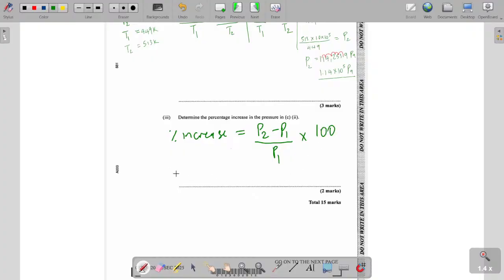Since P2 was 1.14 times 10 to the fifth, minus 1.0 times 10 to the fifth, all divided by 1.0 times 10 to the fifth, and all of that times 100.